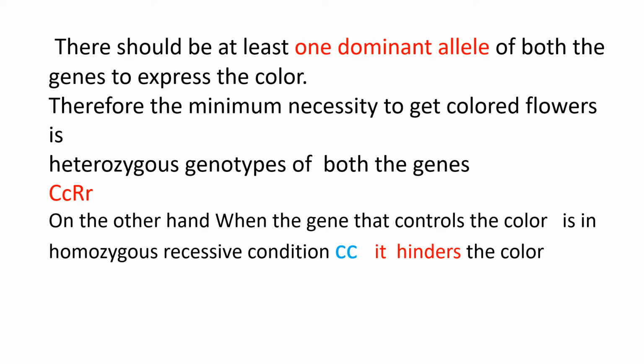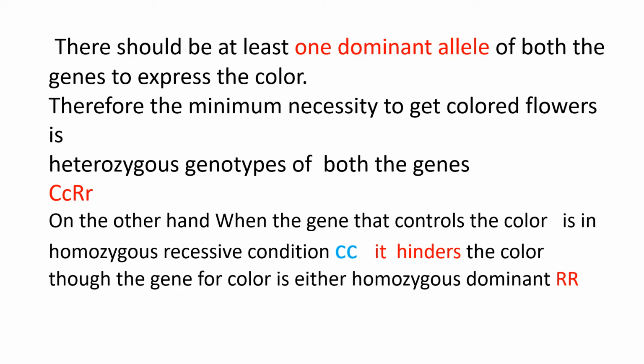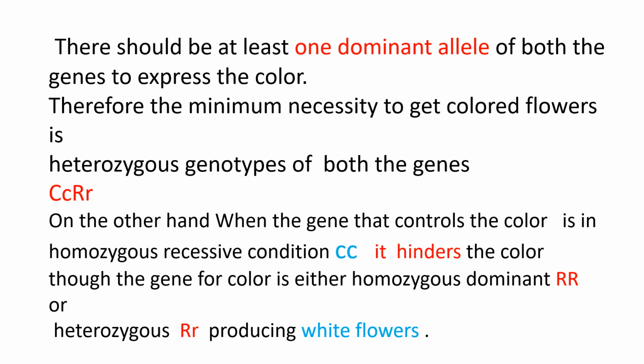On the other hand, when the gene that controls the color is in homozygous recessive condition, that is small c, it hinders the color though the gene for color is either homozygous dominant, that is capital R, or heterozygous, capital R small r, producing white flowers. Possible genotypes for white flowers.